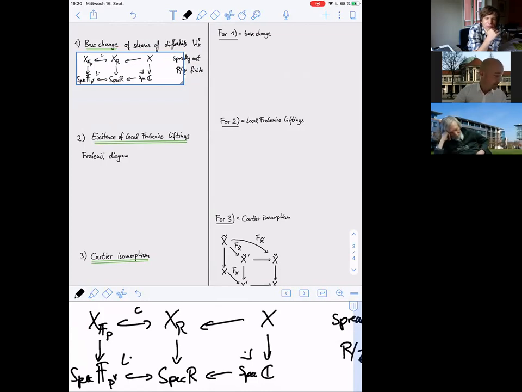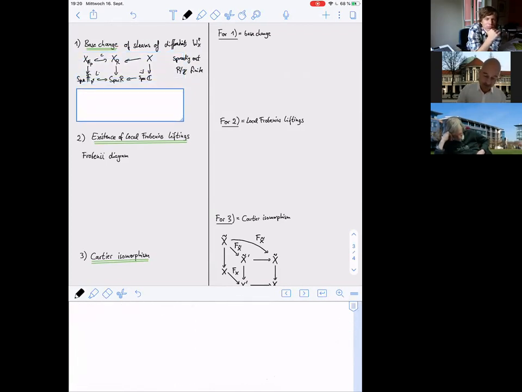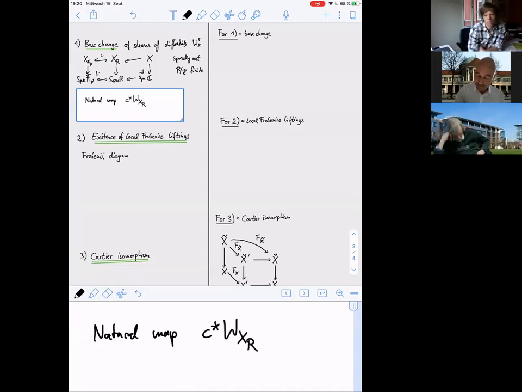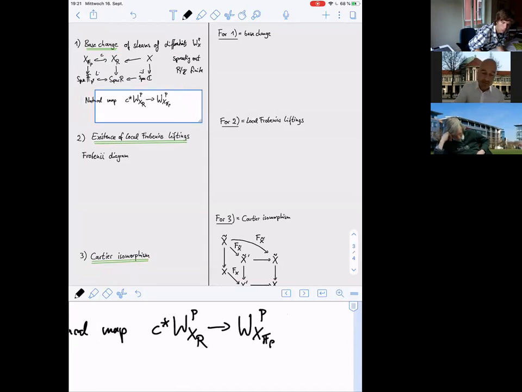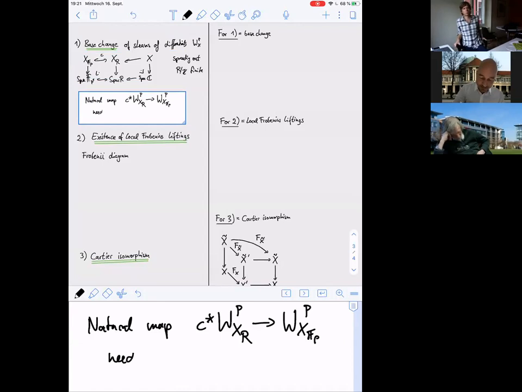So the statement that we want is that we have some base change of sheaves, which is just saying that the natural map, where you take the pullback of your differential forms on XR, there's an adjunction map going into the forms on the FP guy, or FP to the R, needs to be an isomorphism.